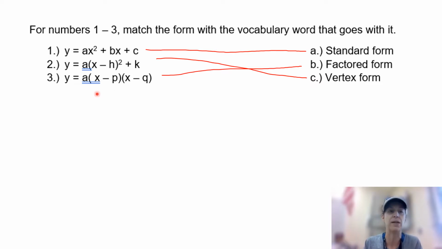You have maybe the GCF, and then you have the dimensions of the rectangle. So that I hope makes more sense. But those are just vocabulary words that you need to know. You need to know which form is which. And there's no shortcut other than you make a flashcard and study it and make sure that you know what those words mean.